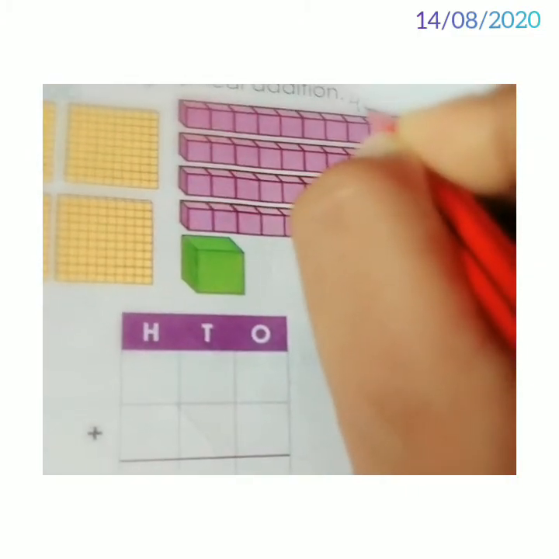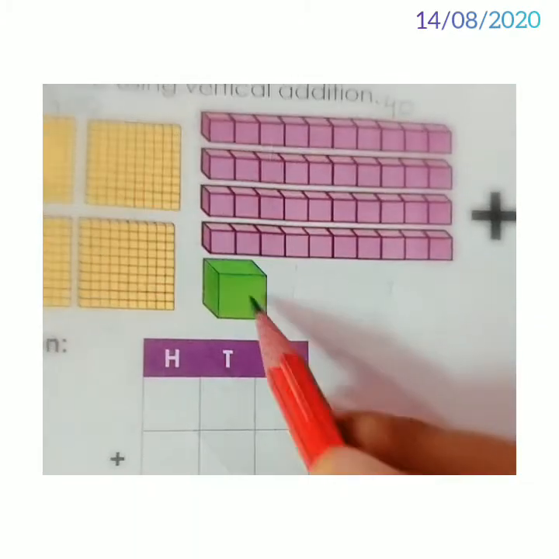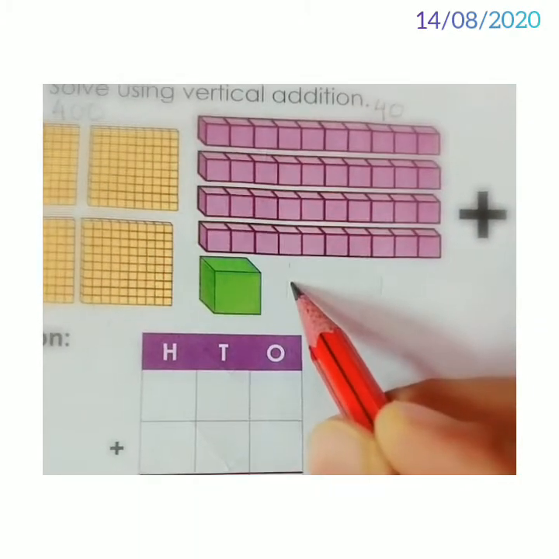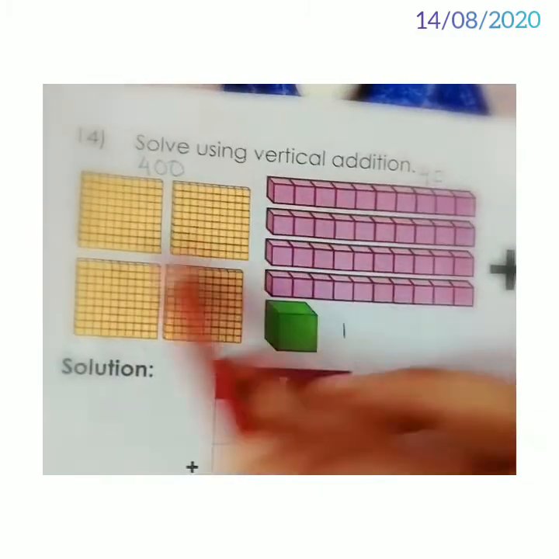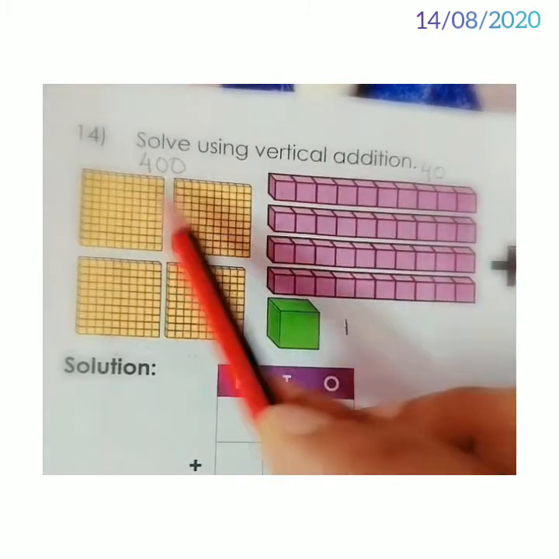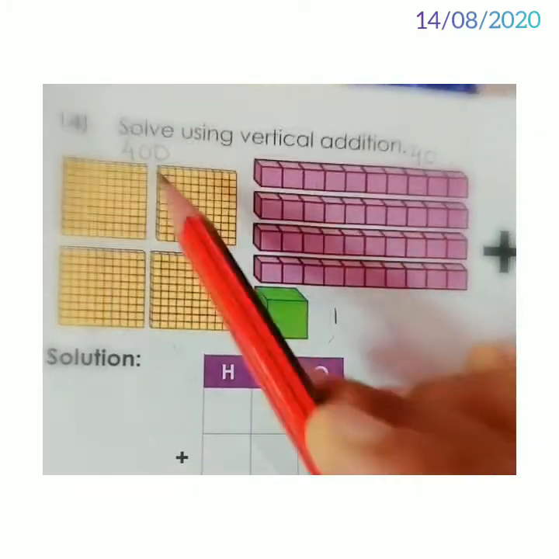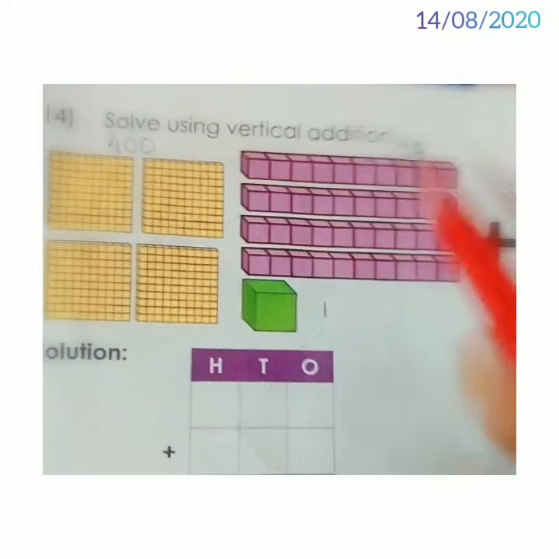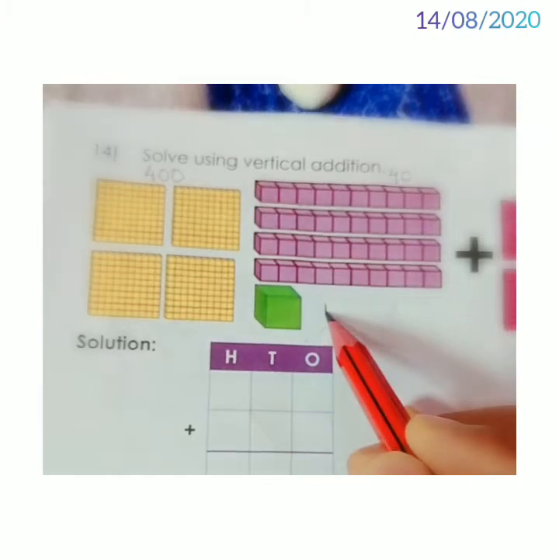So for your convenience, I have written at the top as 40. Now this green color block is 1, just 1. So you just write over here 1. So total will be how much? Total will be 441.